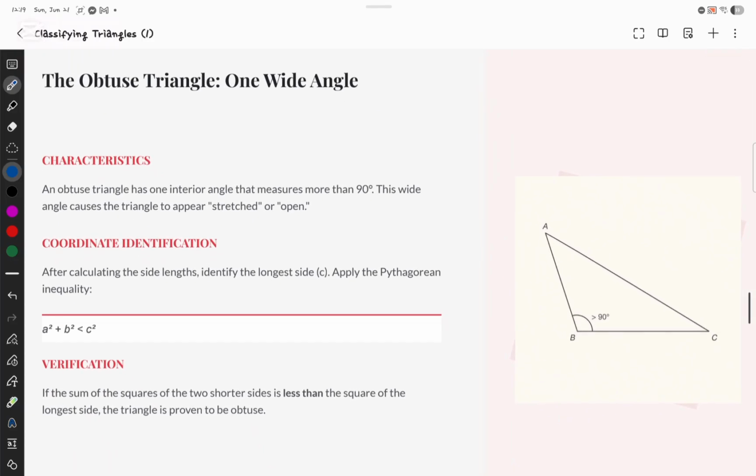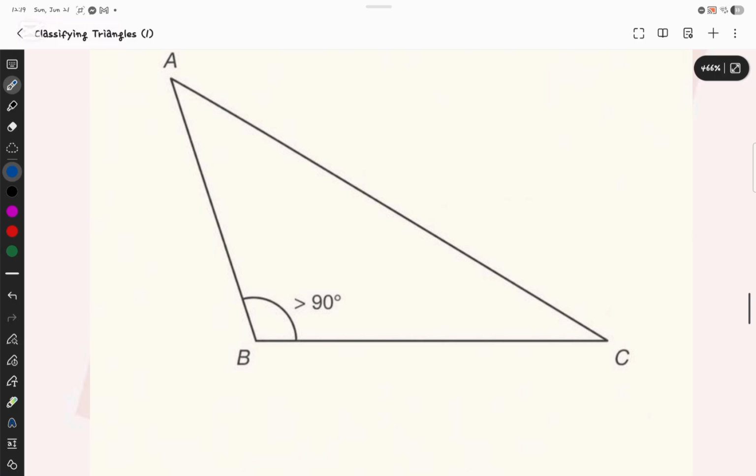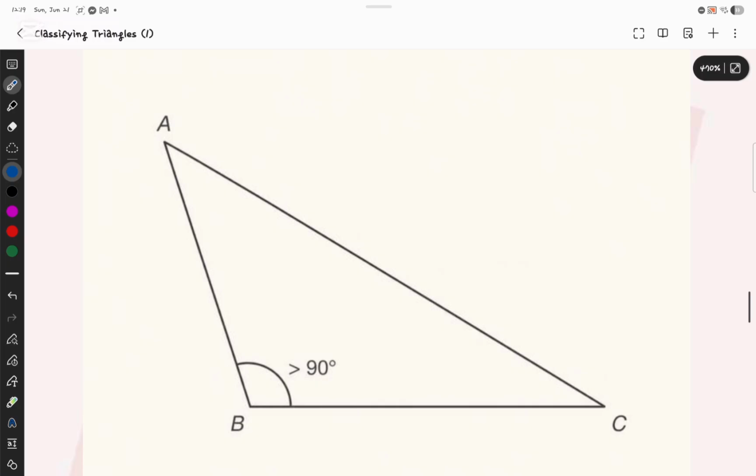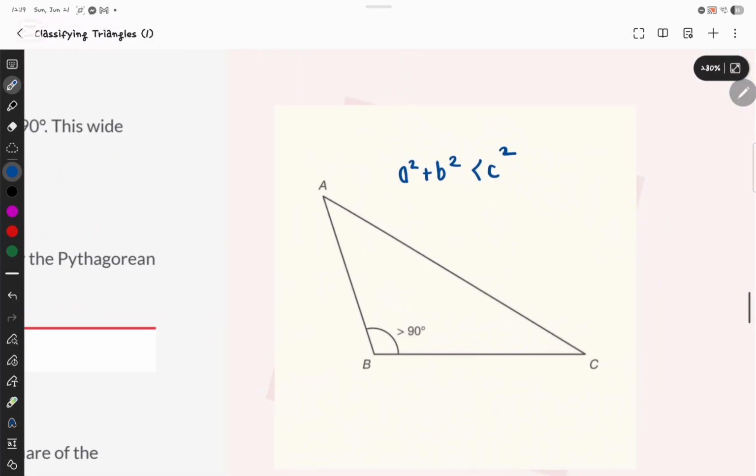Finally, the obtuse triangle is when one of the angles is larger than 90 degrees. And we can prove this by saying that a squared plus b squared is smaller than c squared, right? Again, it stems from the formula a squared plus b squared equals c squared.